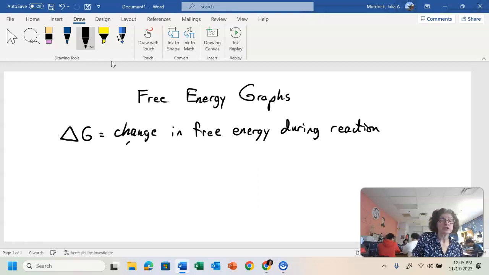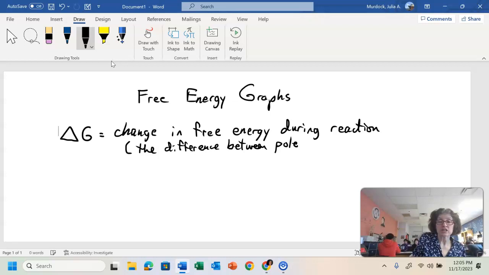And really all delta G is, is the difference between the potential energy stored in the reactants and products.